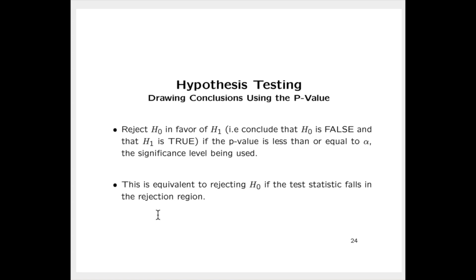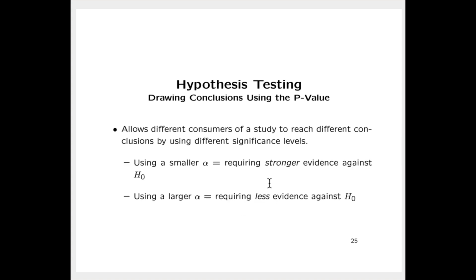You'll draw the same conclusion regardless of which of those two you use. The advantage of using p-values is that the p-value allows different consumers of a study, for example people reading your research article, to reach different conclusions by using different significance levels.